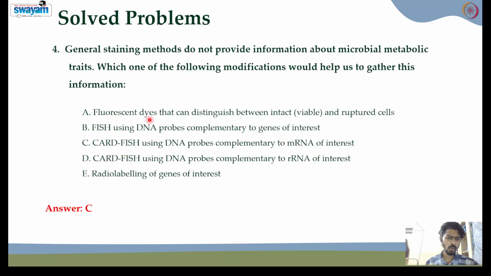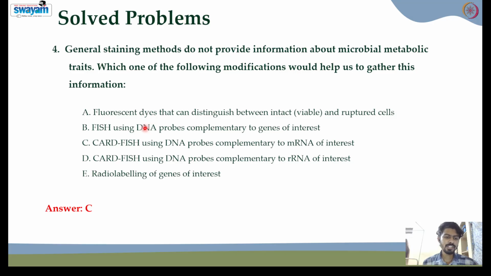And why not the other options? If you see the first option, while fluorescent dyes can distinguish the live and dead cells, but they do not give any information about the metabolic trend. Here you could only say whether the cells are dead or viable.